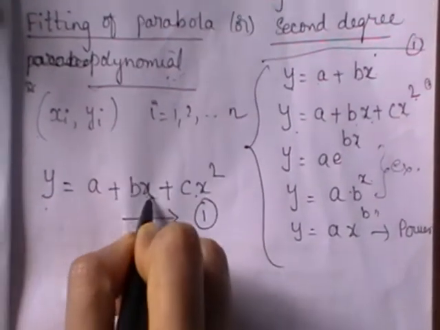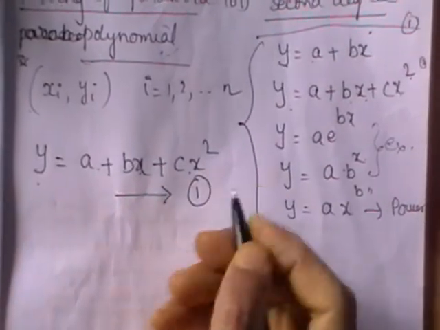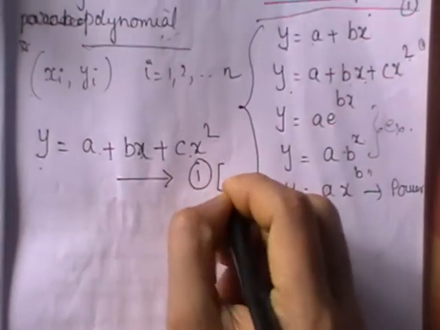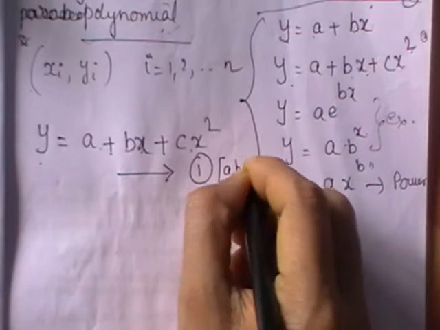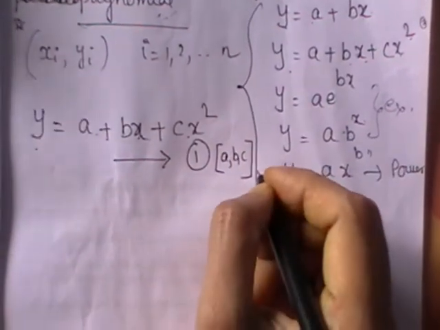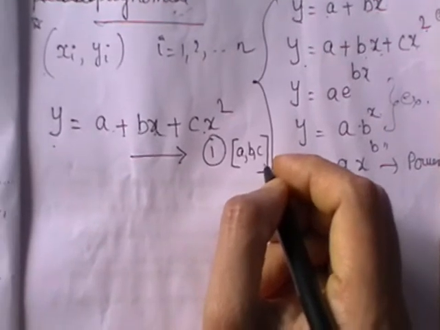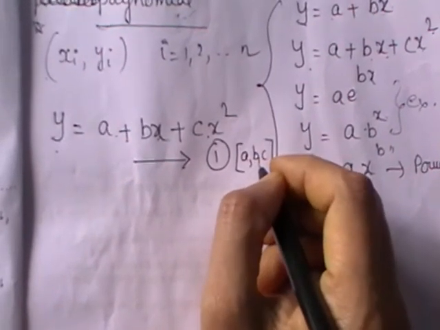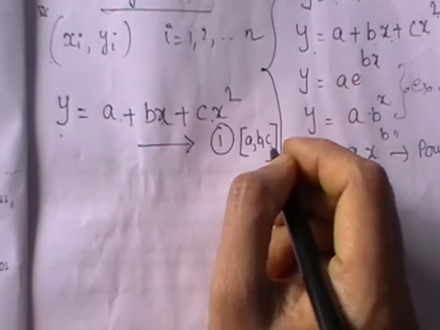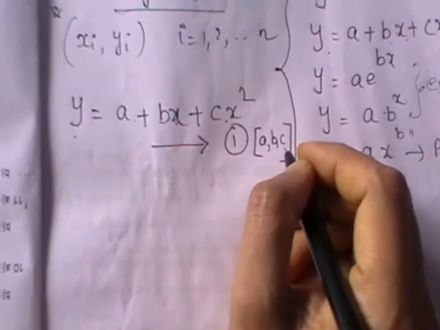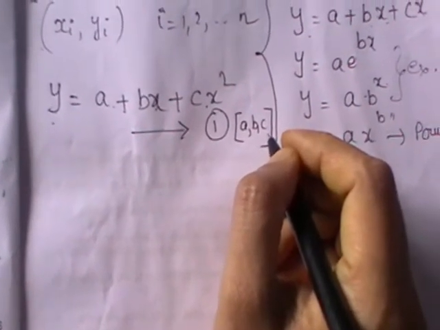The two variables are x, y. a, b, c are the constants. I already told you to write these three constants within the brackets. For the straight line also we wrote y is equal to a plus bx, where a, b are the constants. Why specify these? Because you need to get that many equations.